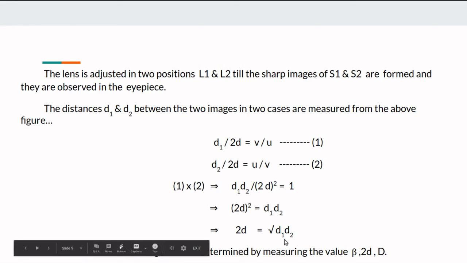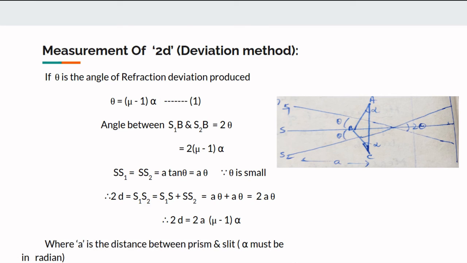Then the distance between two virtual sources is determined by measuring D1 and D2. This is another method for the measurement of 2D. This is called the deviation method.